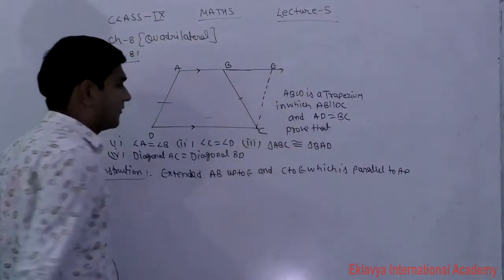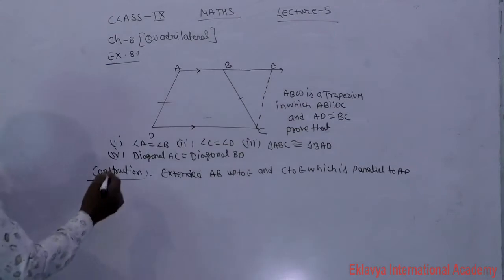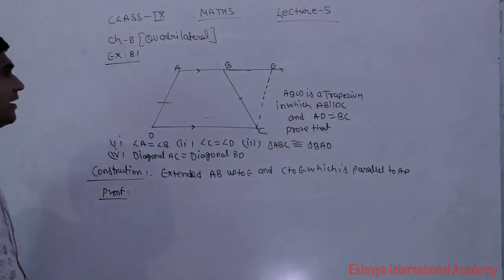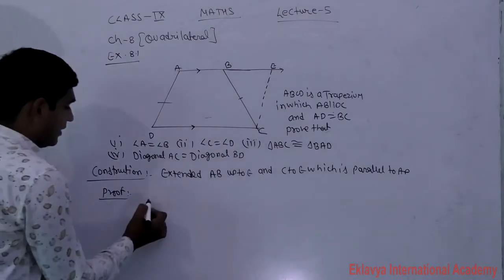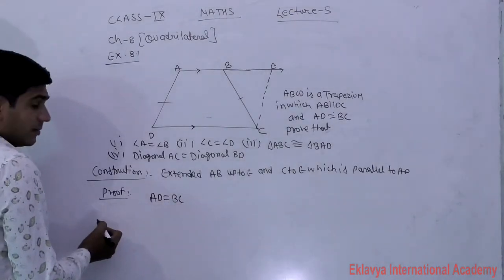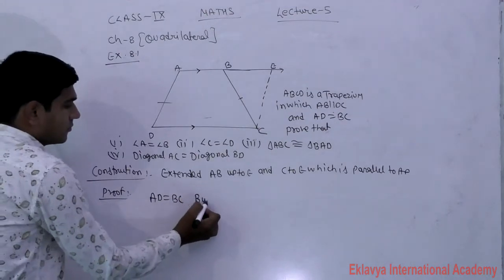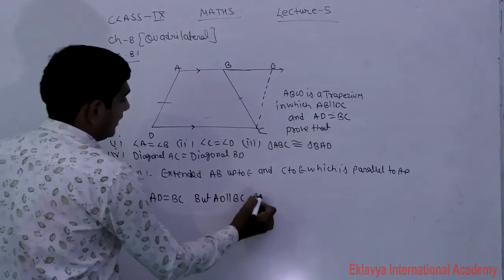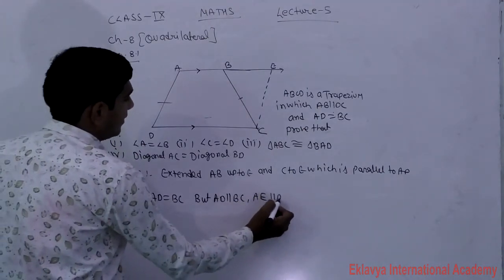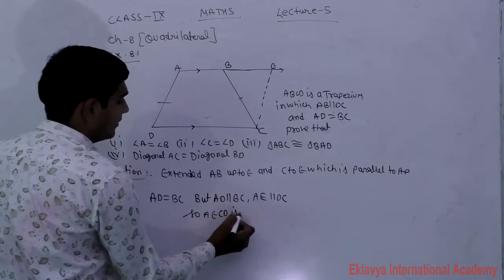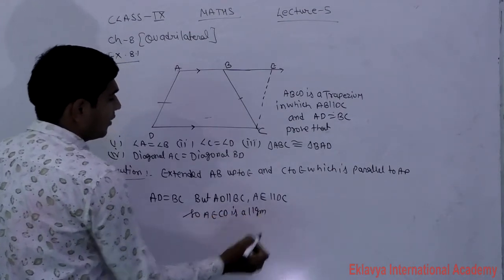Okay. After that, how will we prove that? In the proof part, first proof क्या करना है? Angle A is equal to angle B. How will we prove here? Given to you AD is equal to BC, but AD is parallel to BC, AE is parallel to DC, so AECD is a parallelogram or not?